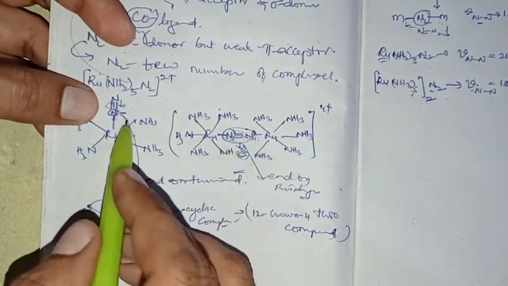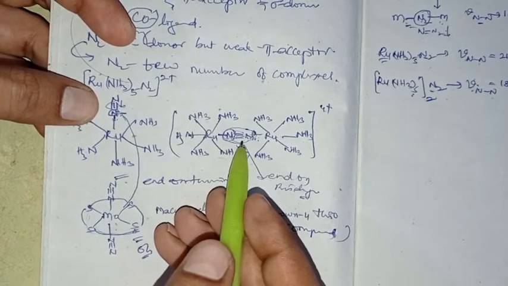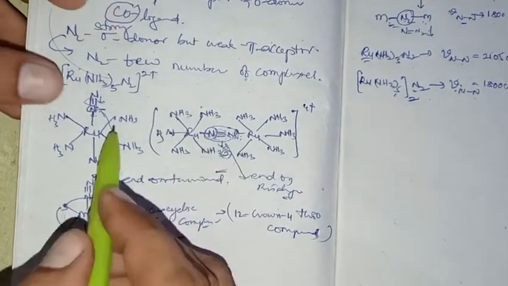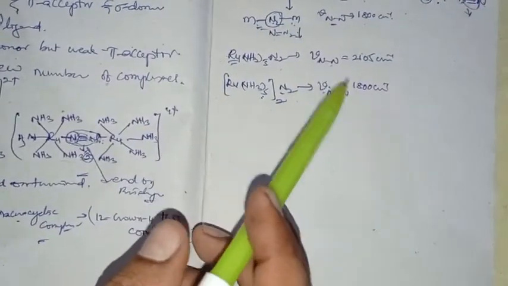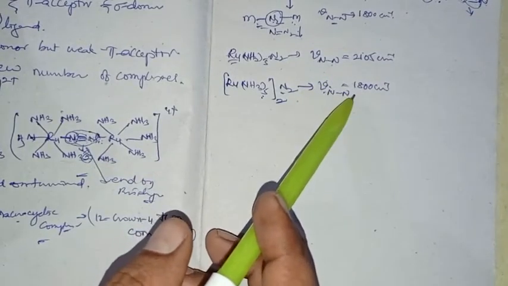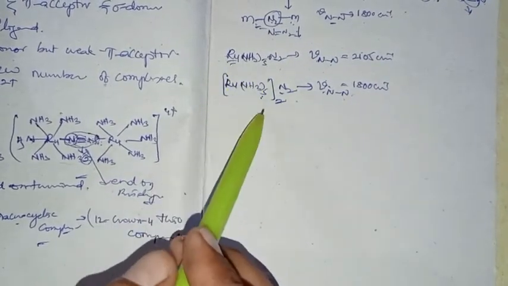So this decrease in bond order will be reflected in a decrease in the stretching frequency of dinitrogen in the complexes.